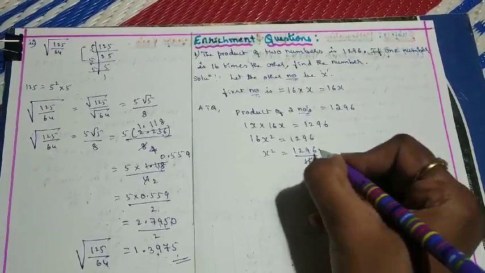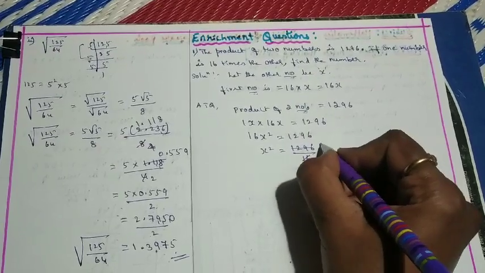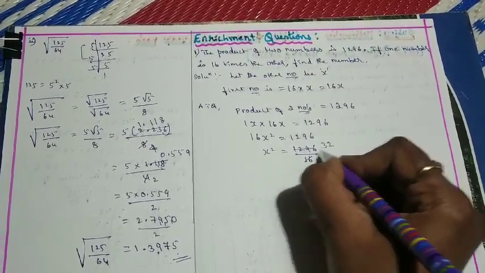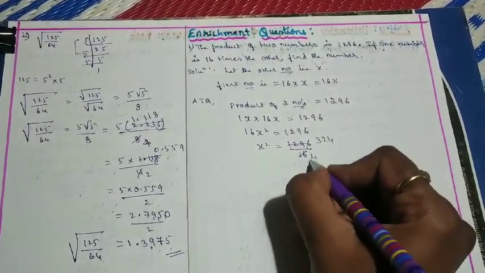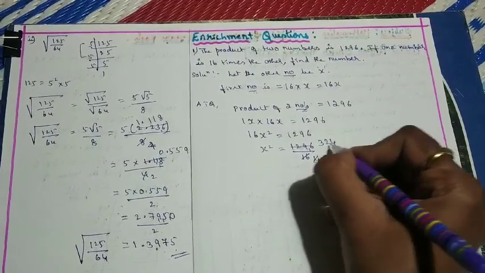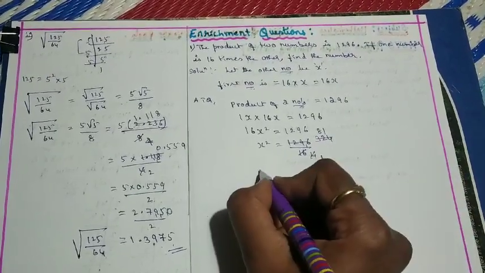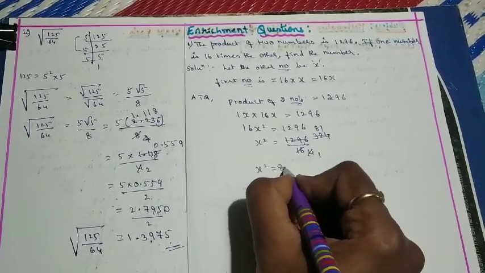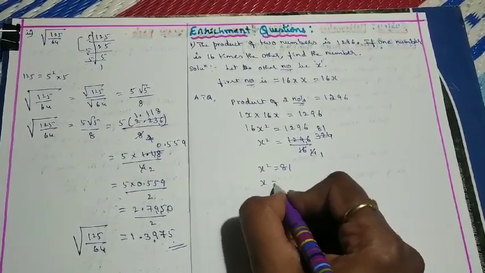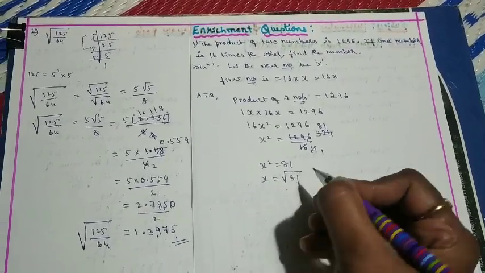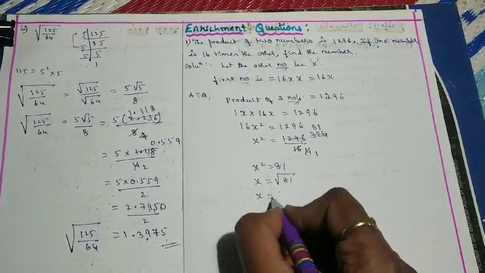I'll go with the 4 table. 4 4s are 16, 4 3s are 12, 4 2s are 8, 1 remains, 4 4s are 16. Again I'll go with the 4 table. 4 1s are 4, 4 8s are 32, 4 1s are 4, that is x square equal to 81. Square moving to the other side, it becomes square root of 81. We know that 81 is a perfect square of 9.